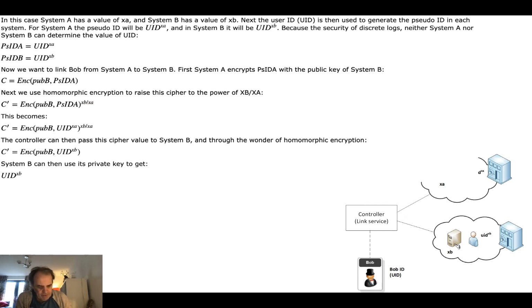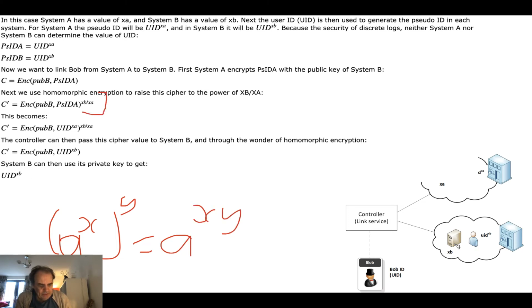If you remember that a to the power of x to the power of y is equal to a to the power of xy, what goes on here is kind of the same, but we're operating on encrypted values and we can still do this type of operation.